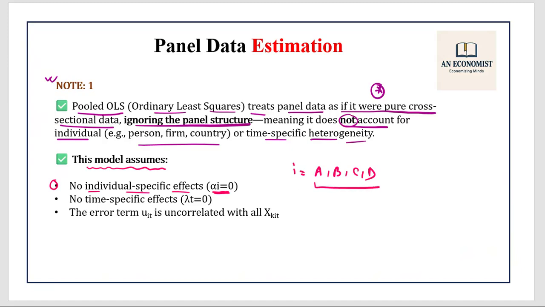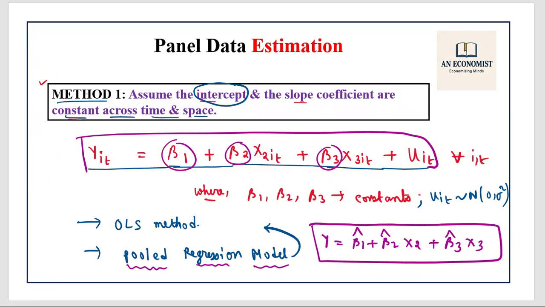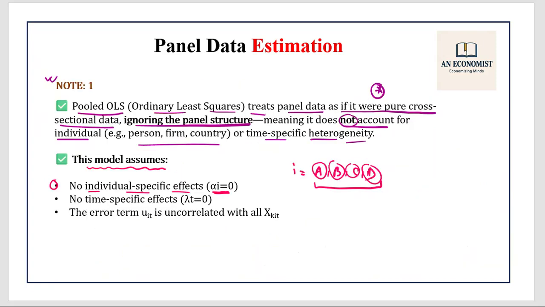So it assumes that there is no individual-specific effect. Every firm is unique, and the individual firm effects cannot be obtained from the model itself. If you want to obtain that, you have to add another term like alpha i in the model, which we are not considering. If you consider it separately, then this problem can be solved. This feature can be captured then, but in our simplified model, it cannot be done.